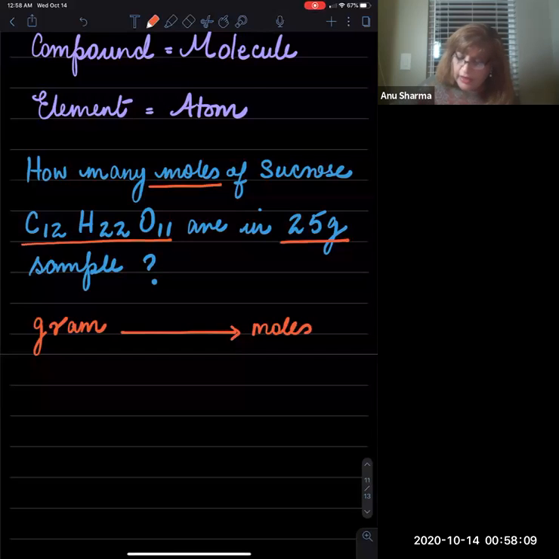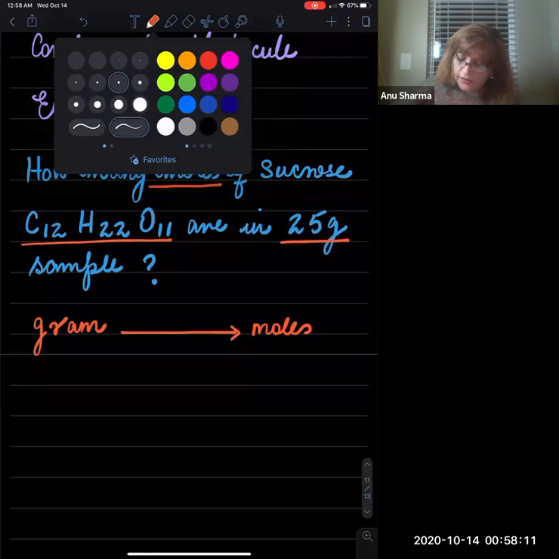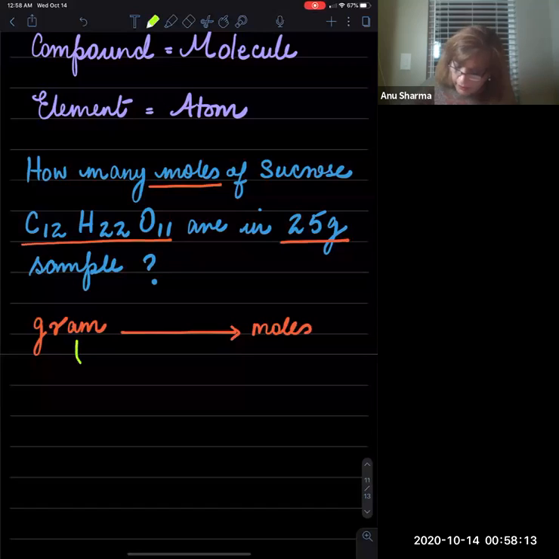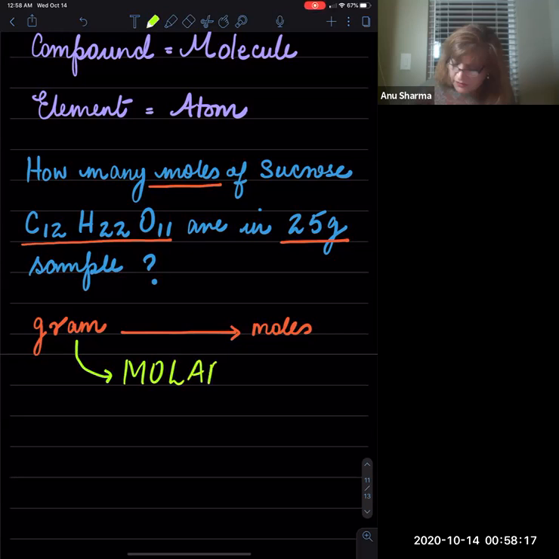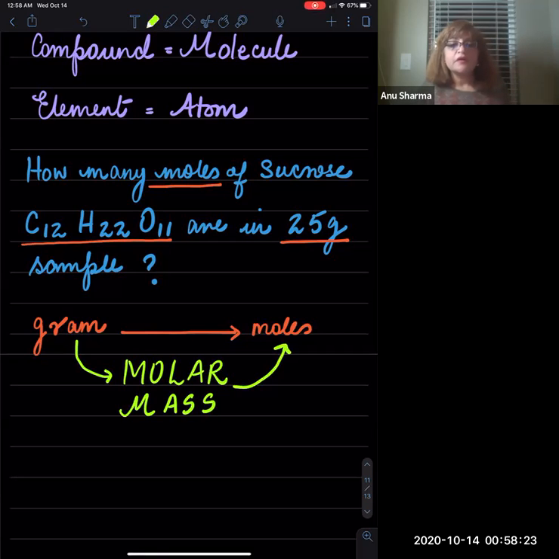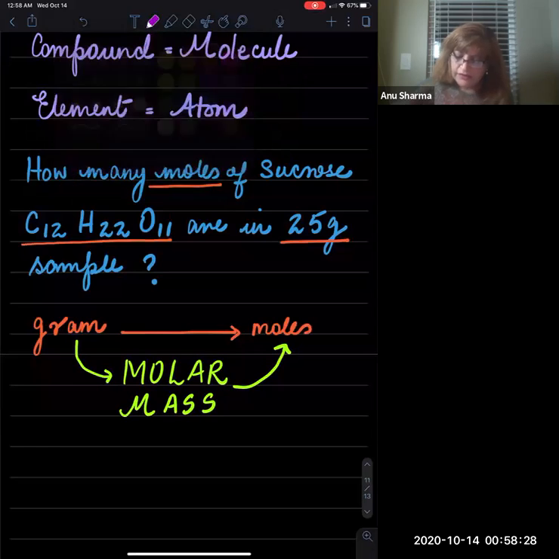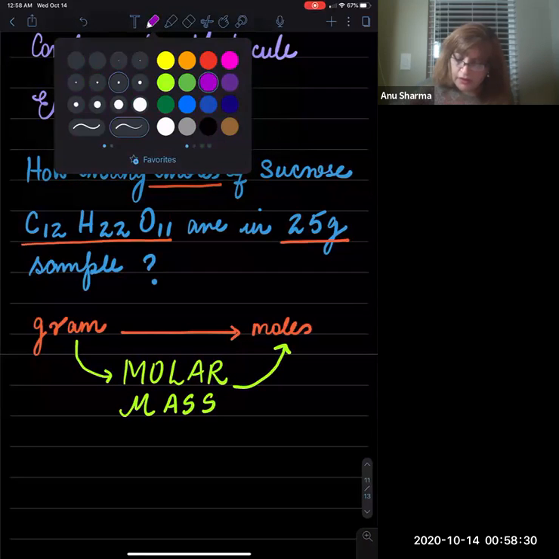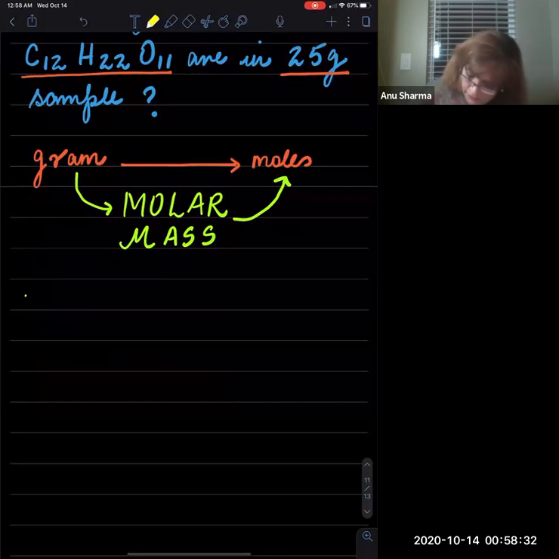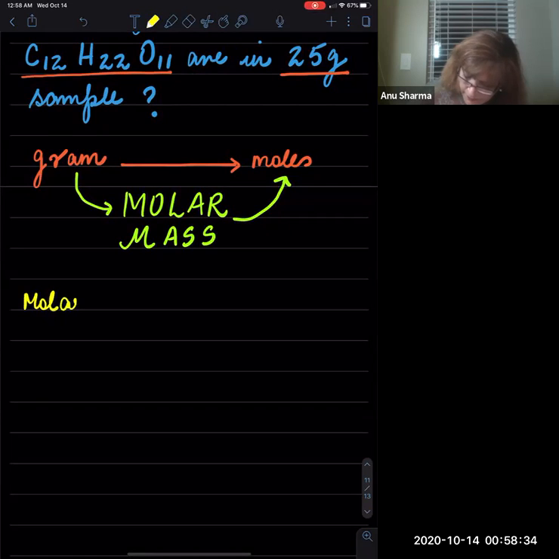The way to do that is you go through the molar mass. Very important. Molar mass for grams to moles conversion. So first things first, we are going to look at the molar mass of sucrose.